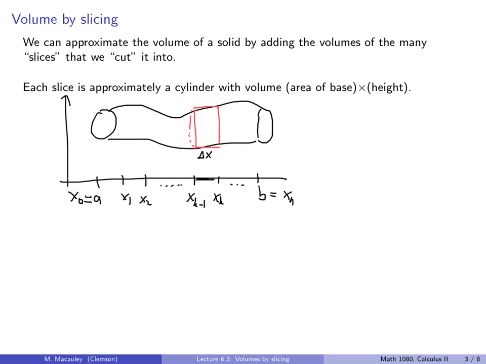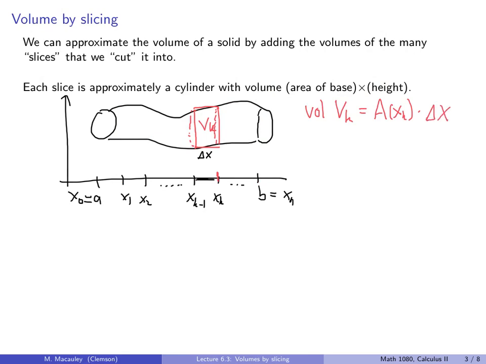Okay, so the volume, let me use red now. Vk, I'm going to say that Vk is the volume of the kth slice. This is the area, so A, the cross-sectional area at xk, times delta x.